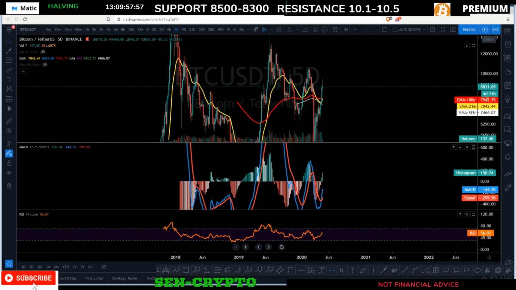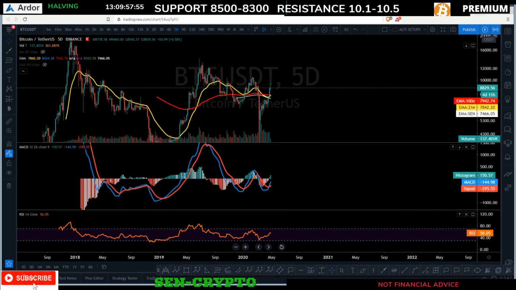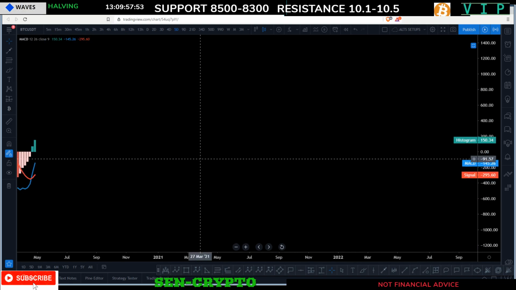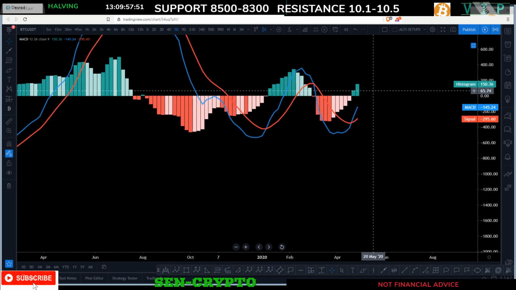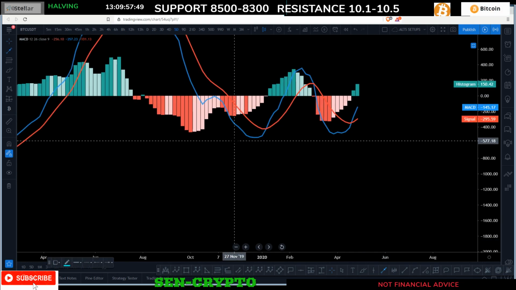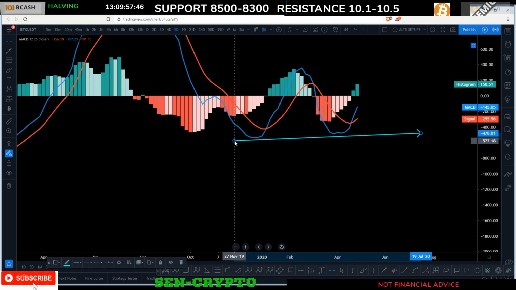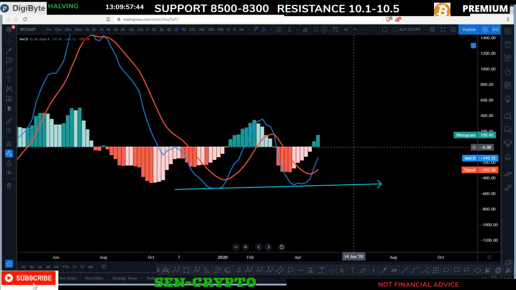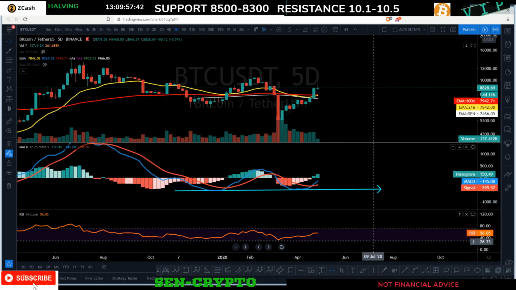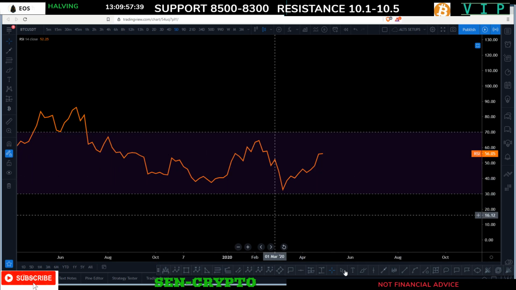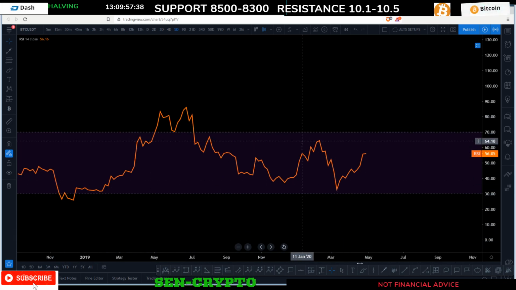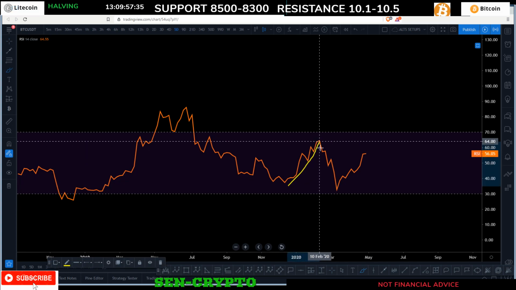On the 5-day chart, one thing we have to keep in mind, take a look at your MACD. MACD is looking beautiful, as we said. We got a beautiful divergence on the MACD 5-day chart for the bullishness. RSI, not much to say about RSI on the 5 days. We're just correcting. You could call this a normal correction.